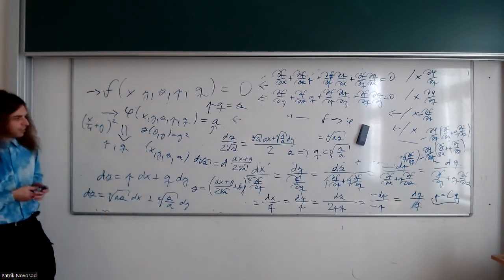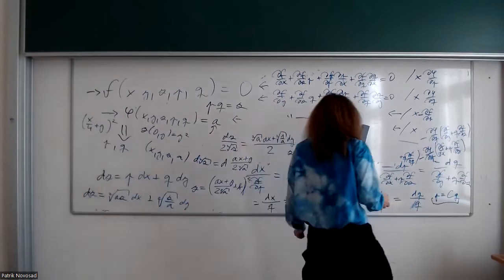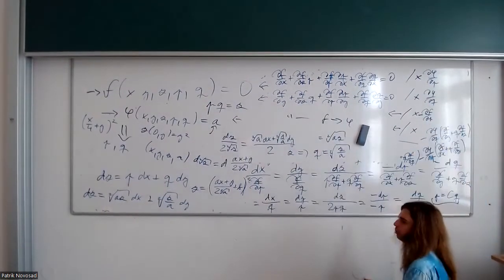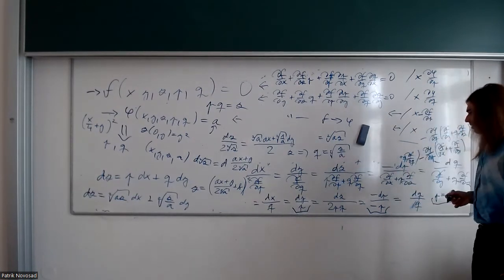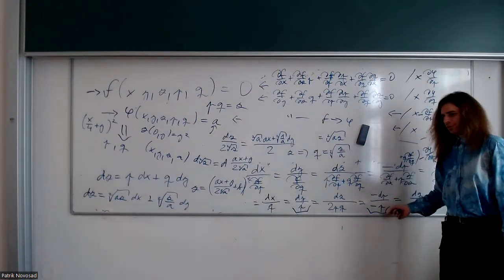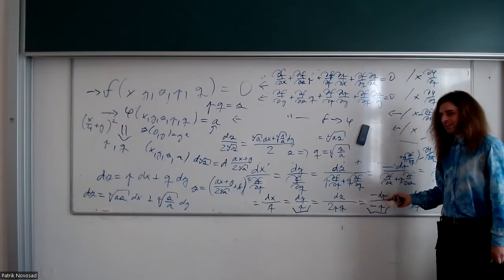But of course, I could do another thing. Let's say I could do these two equations and these two terms together, and the p would cancel, and I would get dy equals dt.